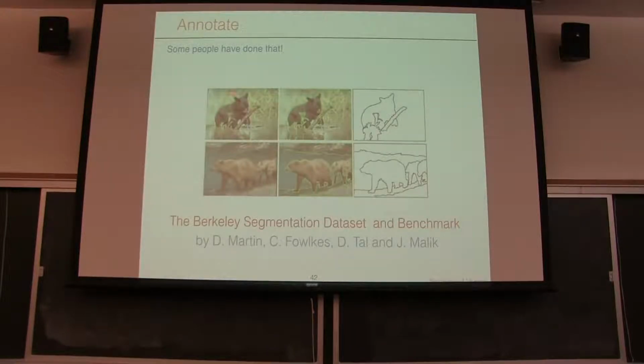And so given images like this, humans went along and marked what's important to them, what they think matters in this image as edges. So this is how the annotation looks, I hope you can see it in green, around the bear and maybe some of the foreground over here. And here the bears and the coastline and the river.